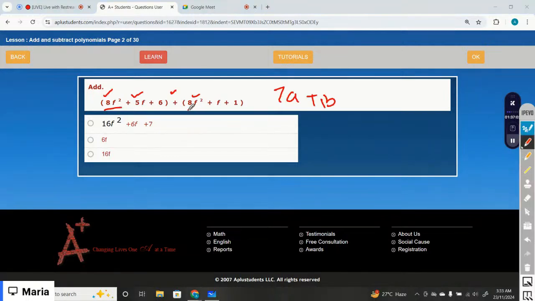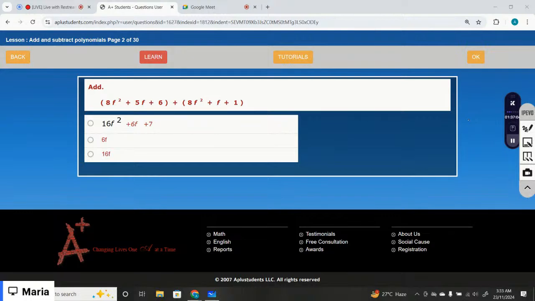So 8f square and 8f square makes 16f square. 5f plus 1 is 6f plus 7. So the correct option is option number 1.